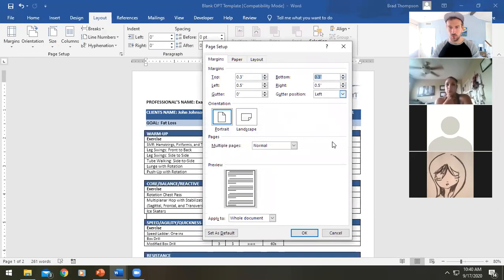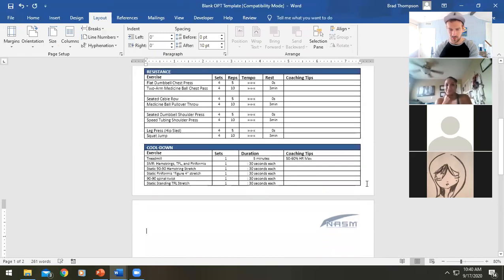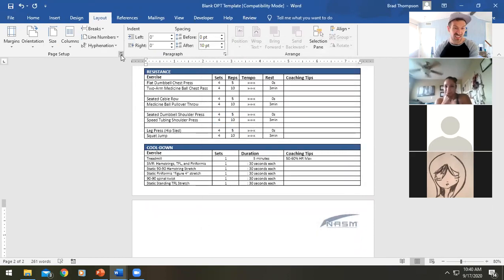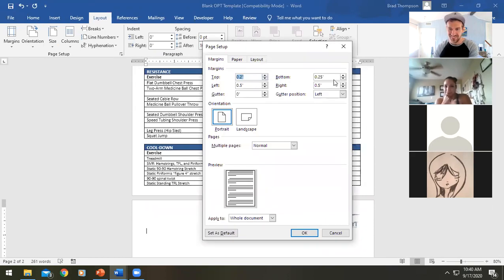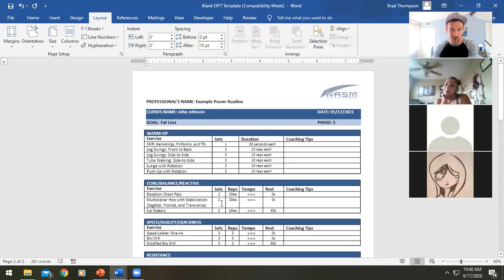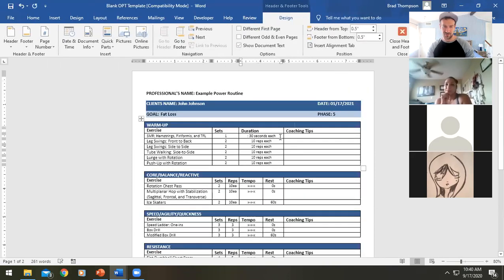Oh, you've got to be kidding me. All right, one more time. Margins. Are you kidding me right now? There's no way that wouldn't fit. All right. Killing the NASM logo. There we go.